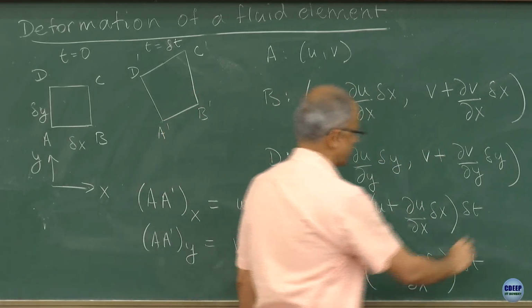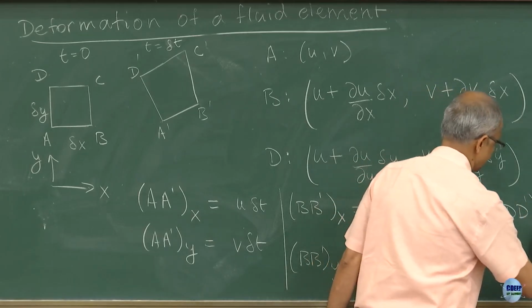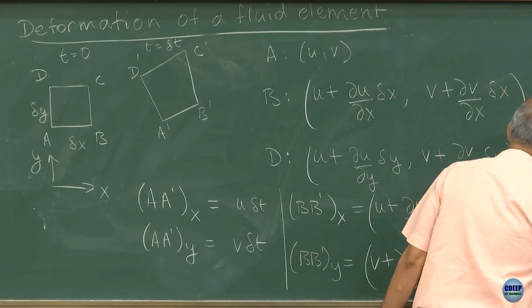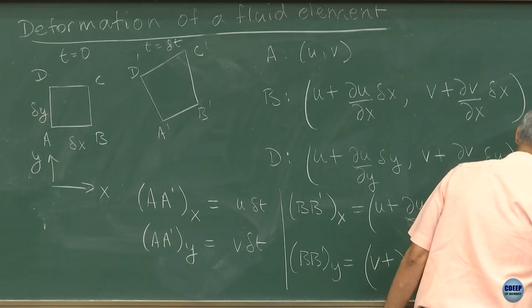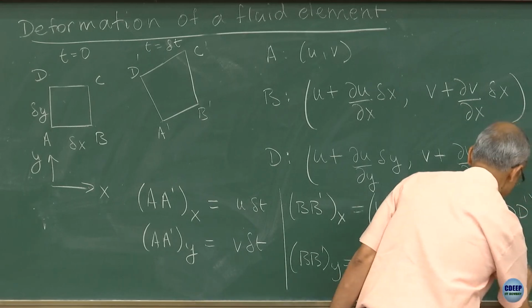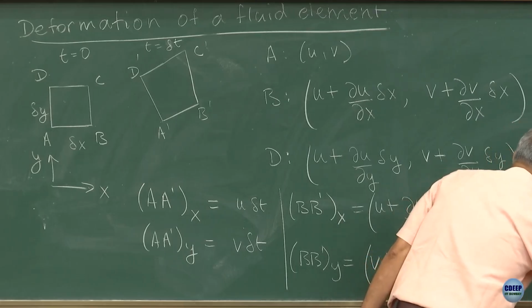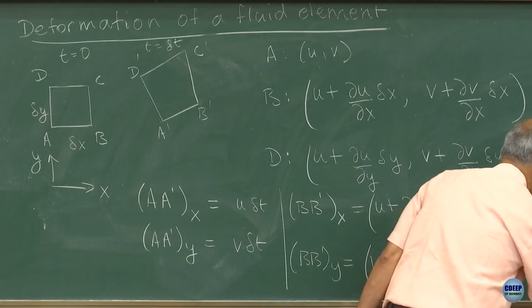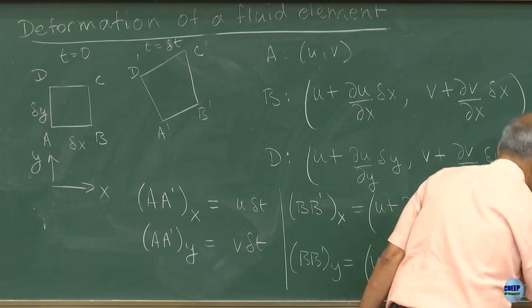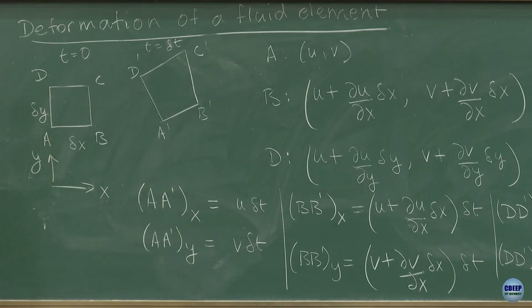Similarly, I can write it out for D: d prime x is u plus ∂u/∂y delta y times delta t, d prime y is v plus ∂v/∂y delta y times delta t. So I hope there is no mistake here.